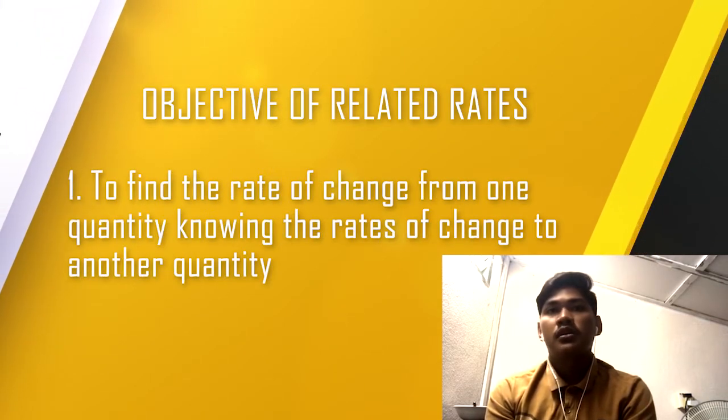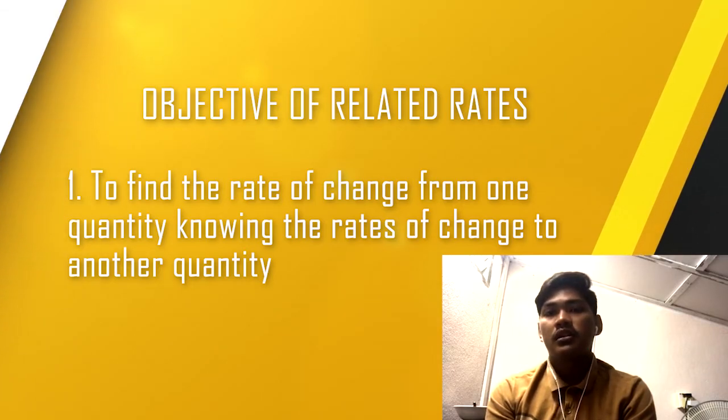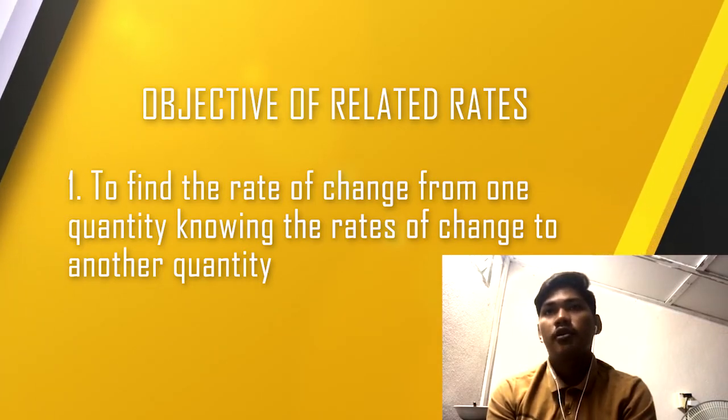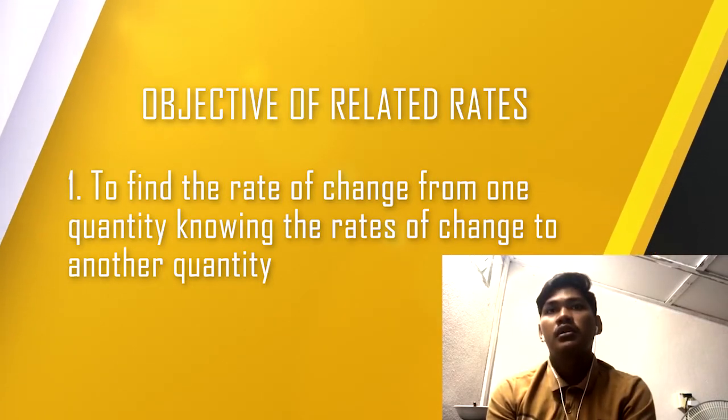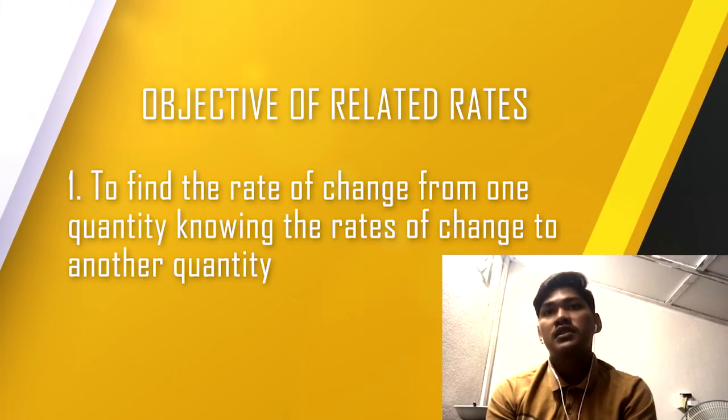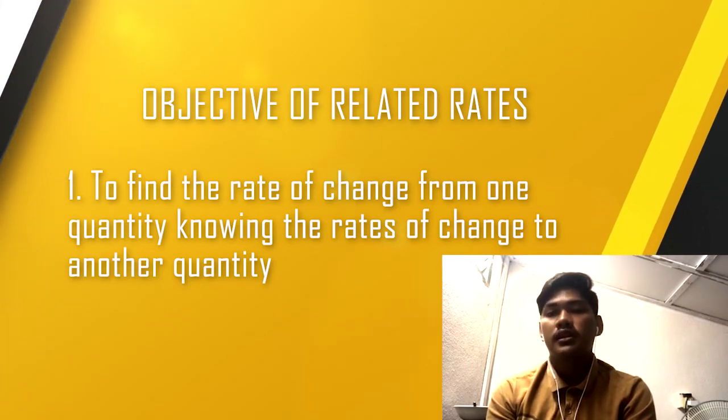Today I'm going to talk about the objective of related rates. The first objective is to find the rate of change of one quantity, knowing the rate of change of another quantity.